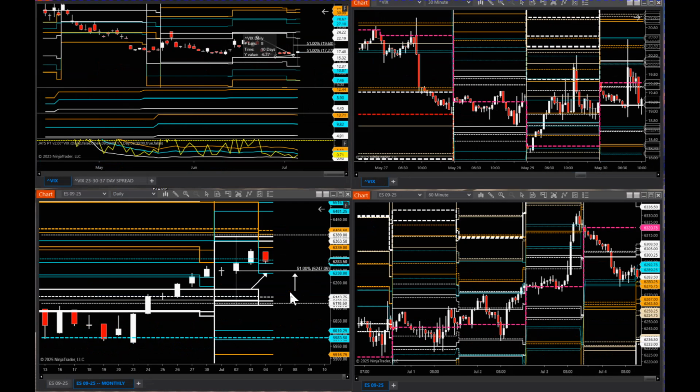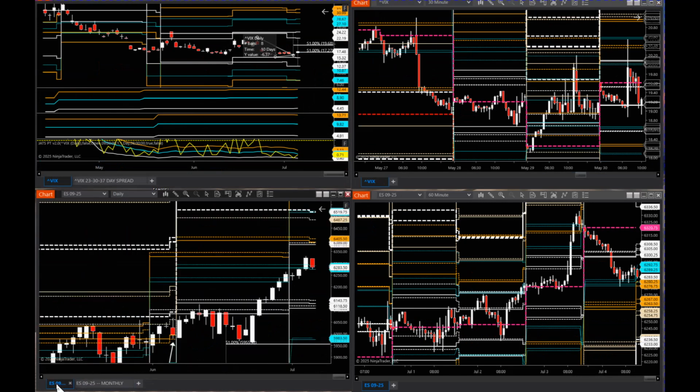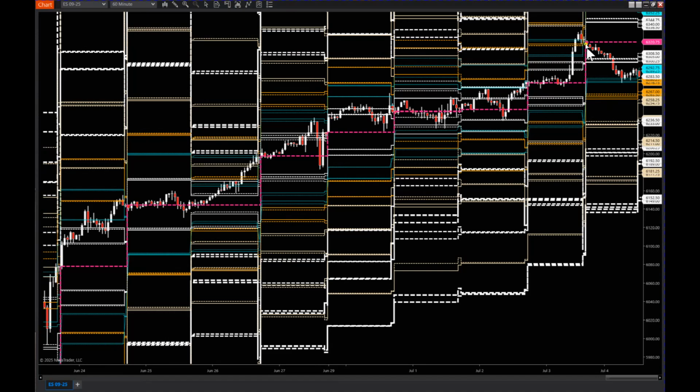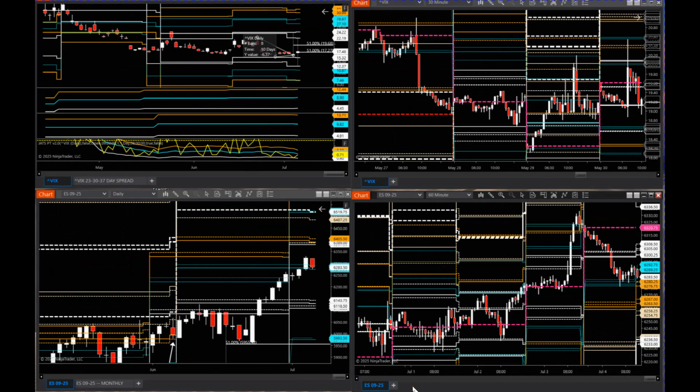All right, so the ES traded down on Friday and is heading below the ones. So we could get that lower extension on Monday, Sunday night. And that may be the reason for that extra kurtosis in the VIX.